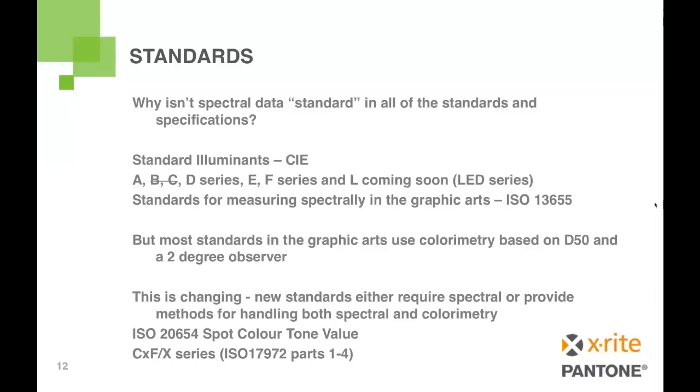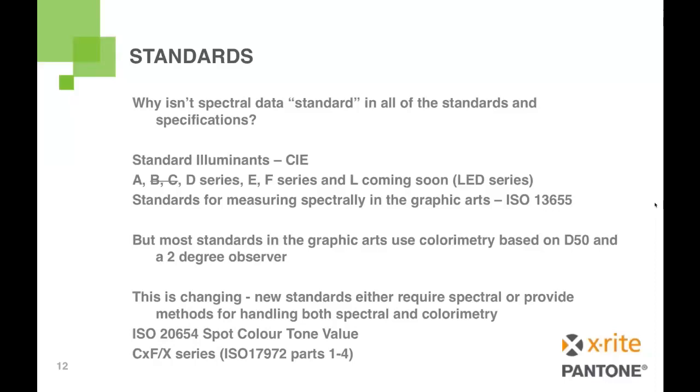But that's part of the issue, right, is that a lot of what we've used in the past is colorimetry based on D50 and a 2-degree observer. So those are all standards, but that's really not the standard that we're looking at most of our brand colors in today. We're looking at them in production, but we need the spectral data to really evaluate what's going to happen in other parts. But we are changing that, right?